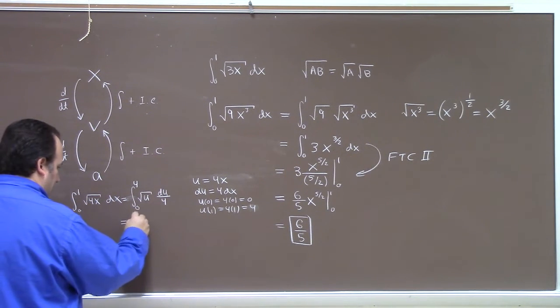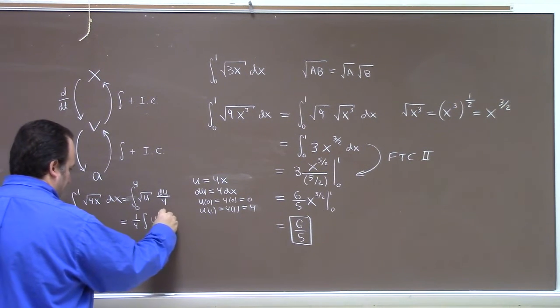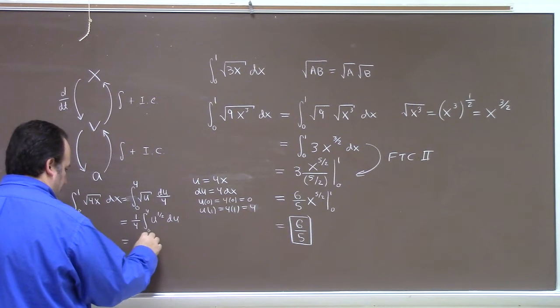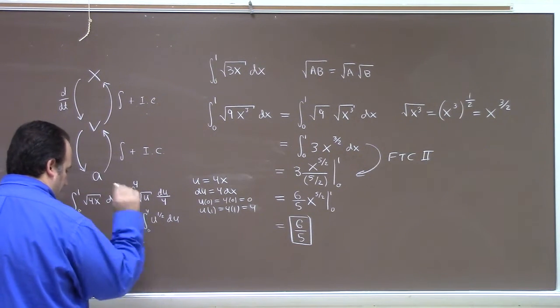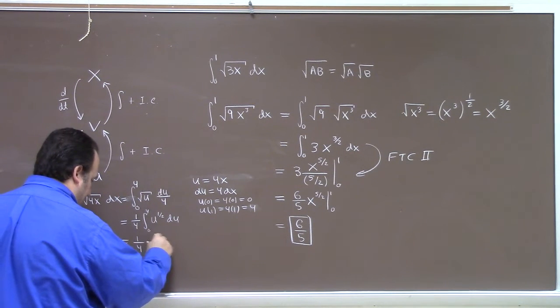And so I get 1/4 integral of u to the 1/2 power du from 0 to 4, which gives me 1/4. 1/2 plus 1 is 3 halves. Division by 3 halves is the same as multiplication by 2/3.